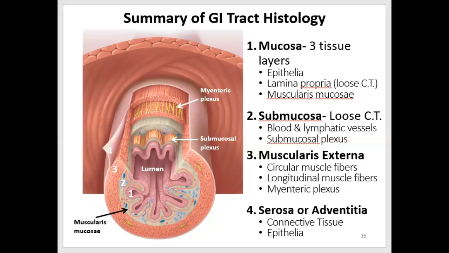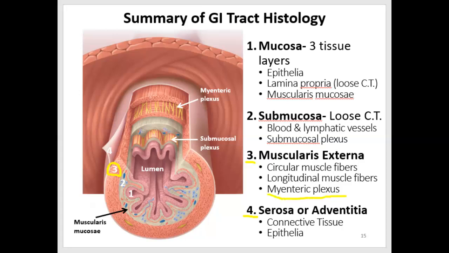So in summary, the histology of the gastrointestinal tract, or the alimentary canal, includes 4 layers. Most superficially, number 4 here, is the serosa. That has connective tissue as well as epithelial tissue. Then deeper is the Muscularis Externa. That has smooth muscle and a Mesenteric plexus, nervous tissue.